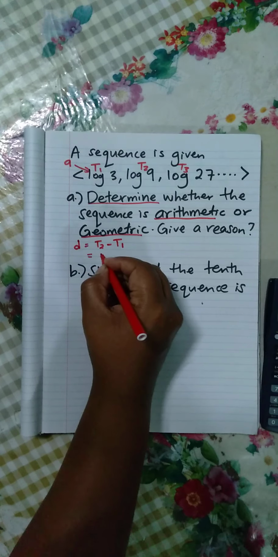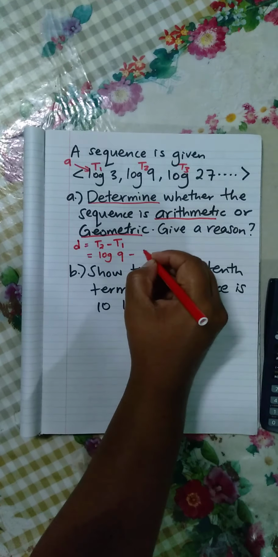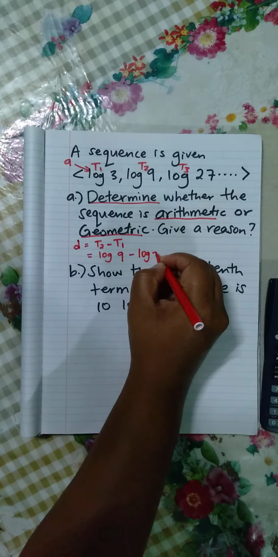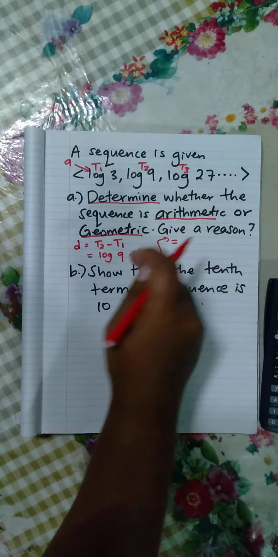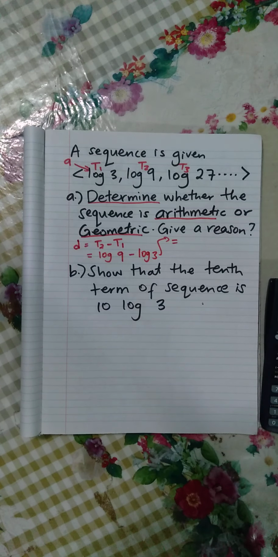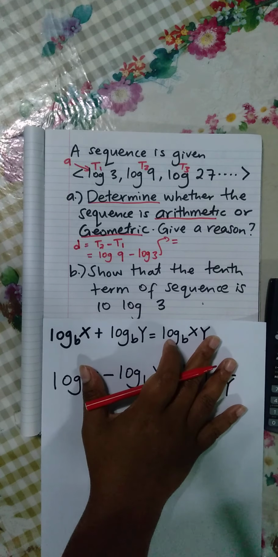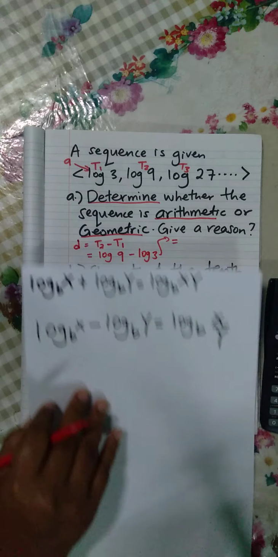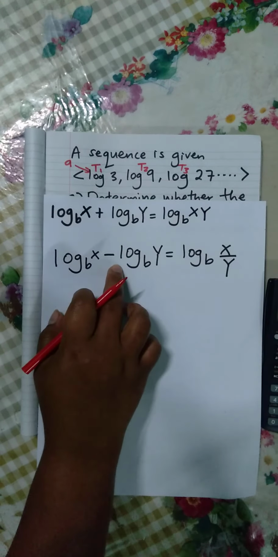That means it will be log 9 minus log 3. So what will be the answer? This property is from your textbook on page 27. There are other properties there, but I just wrote these two because one of them we will use here.